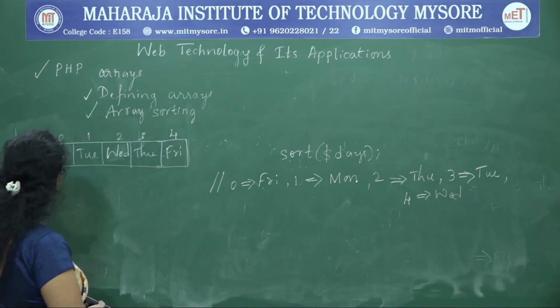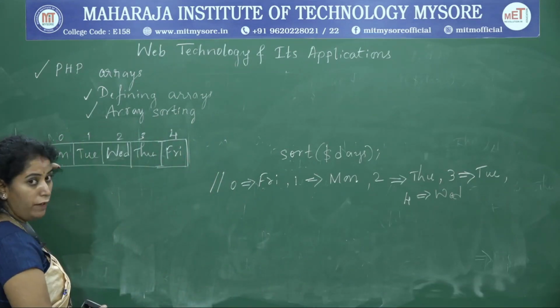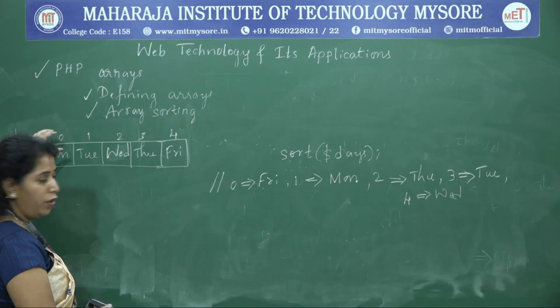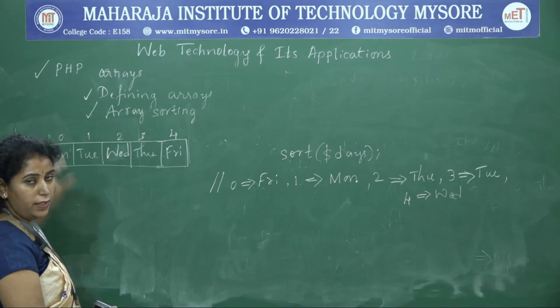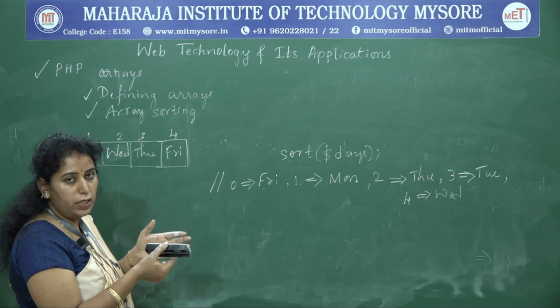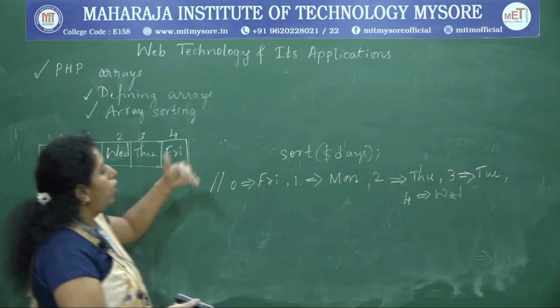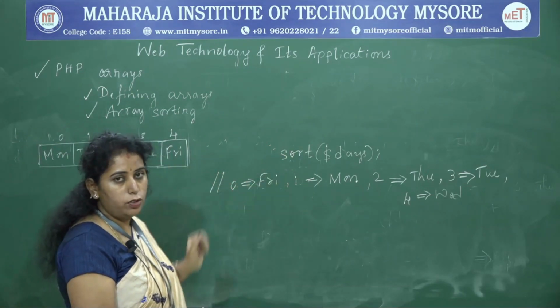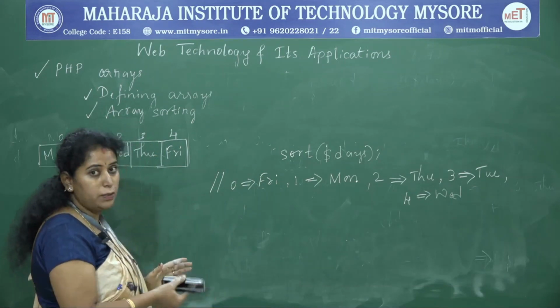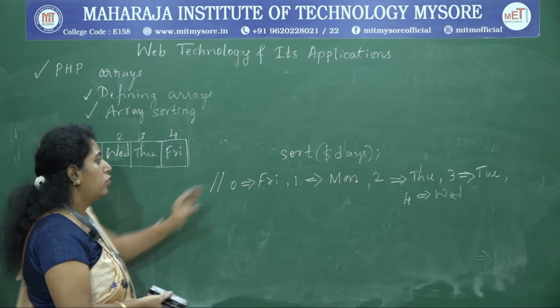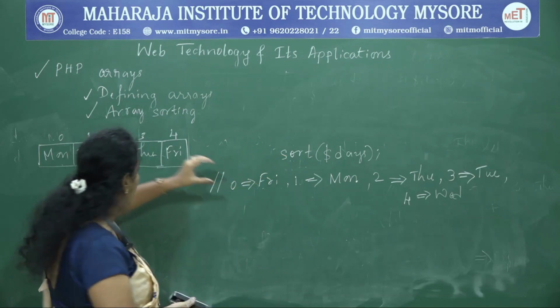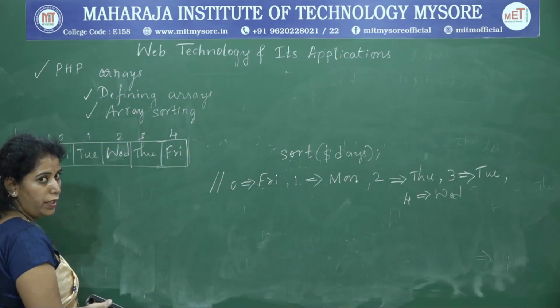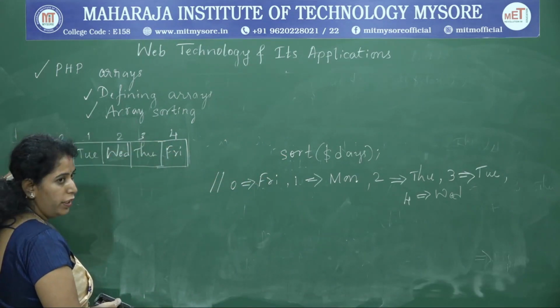You can notice that for key 0 the value is Monday. The keys and values are always associated with each other. When you call sort to sort the elements of an array, it mismatches, since the sort function only sorts the elements of an array, not with respect to keys.